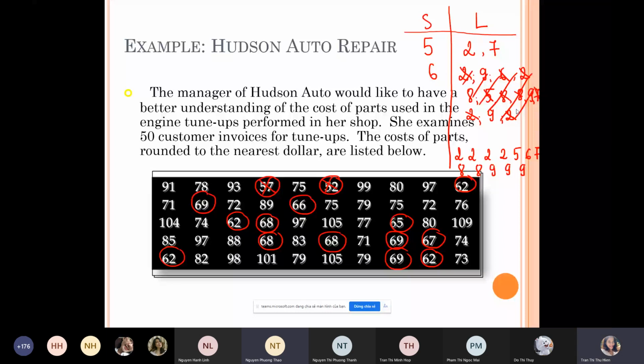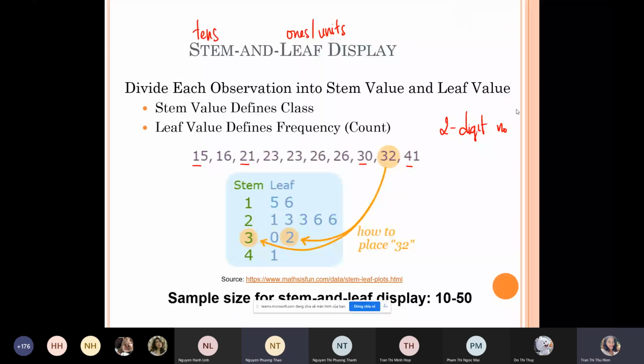Okay. And when you look at the table here, you can see that for stem 2, it includes a lot of data. A lot of observations have stem 2 here. So the proportion for stem 2 is the highest part compared to the whole population.